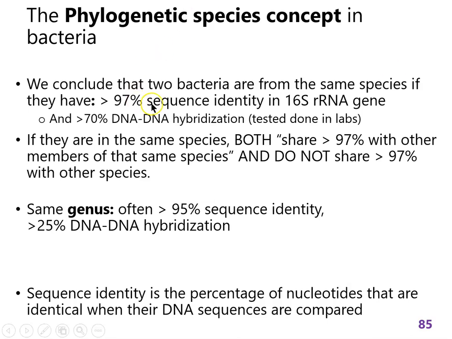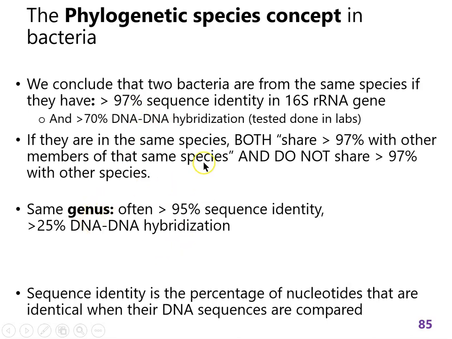This is based on our historical taxonomic systems. When we grouped bacteria into species, once we got the ability to sequence DNA and do this more rigorous way of analyzing these relationships, we kind of set this 97% threshold to mimic the idea we already had of bacterial species.